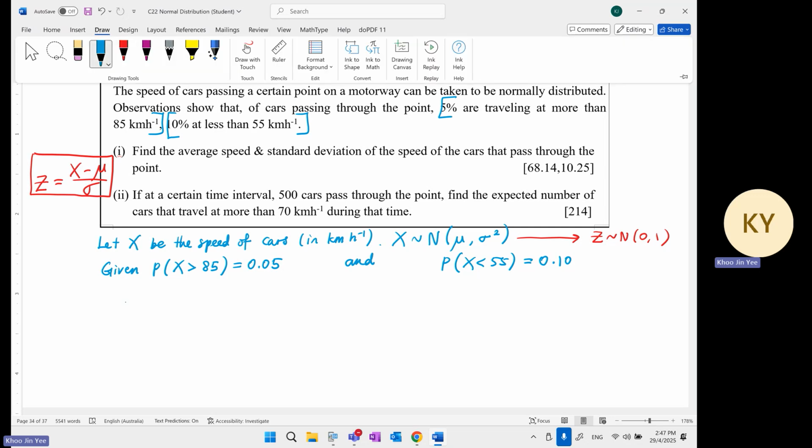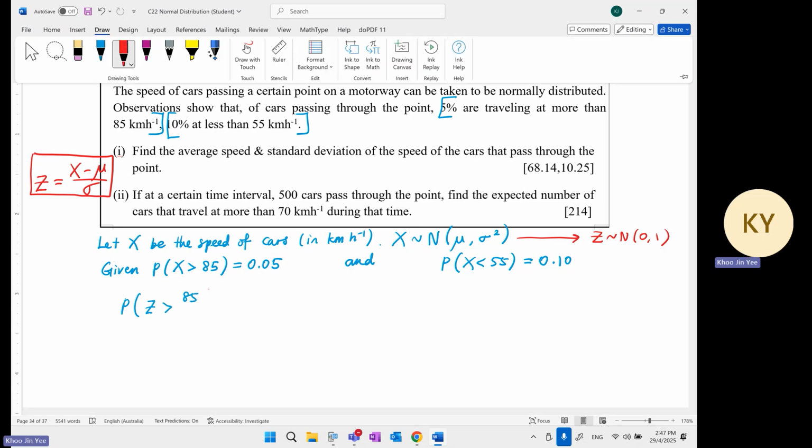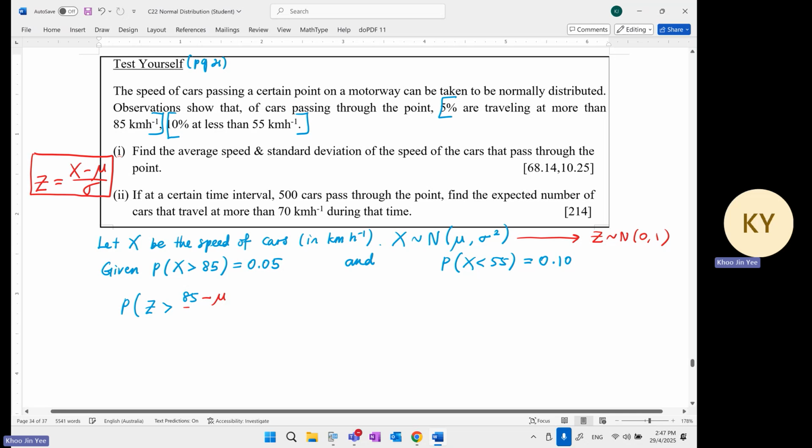Probability, straight away we put the Z. So what do we do with this 85? 85 minus the mean over standard deviation. Page 21. Got 21? So this one, the probability will still stay the same.